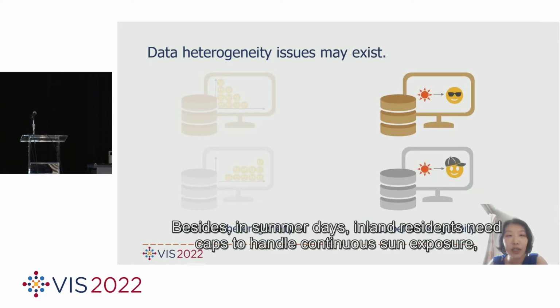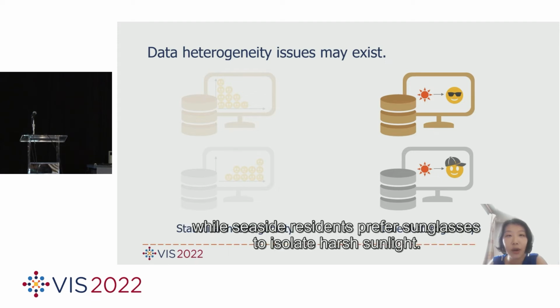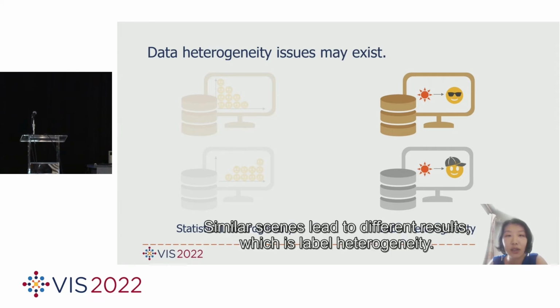Besides, in summer days, inland residents need caps to handle continuous sun exposure, while seaside residents prefer sunglasses to isolate harsh sunlight. Similar things lead to different results, which is label heterogeneity.